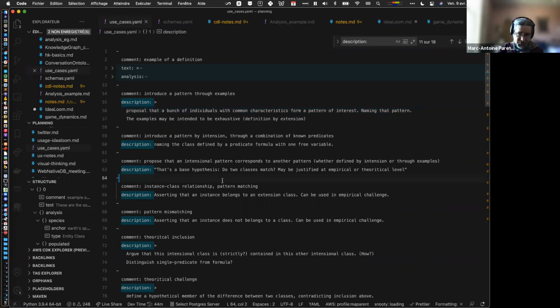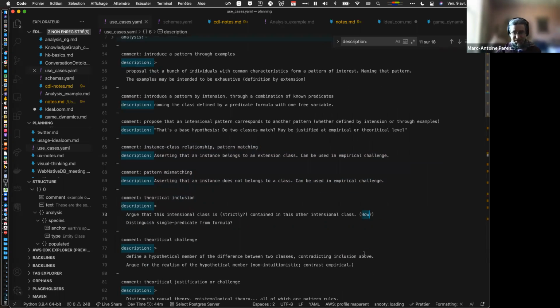So that's empirical argument, saying this case belongs, this case does not belong. There's theoretical inclusion, saying, well, I think anything that satisfies this predicate also satisfies that predicate. And this is vague, because sometimes it can be outside of pure logic. It's a theoretical fact, based on some theory, based on something other than logic.